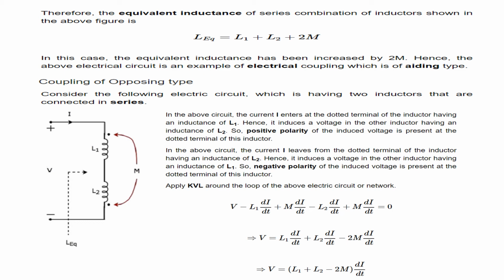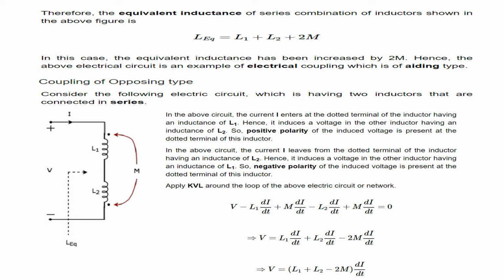So, positive polarity of the induced voltage is present at the dotted terminal of this inductor. In the above circuit, the current I leaves from the dotted terminal of the inductor having inductance L2. Hence, it induces a voltage in the other inductor having inductance L1. So, negative polarity of the induced voltage is present at the dotted terminal of this inductor.